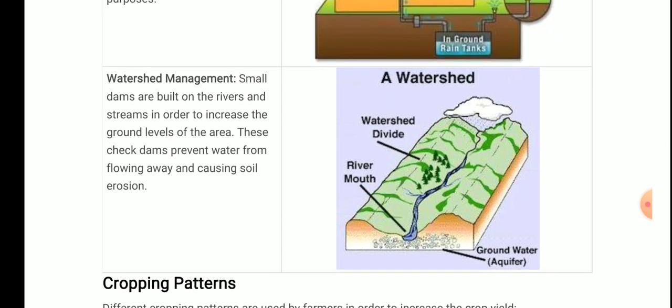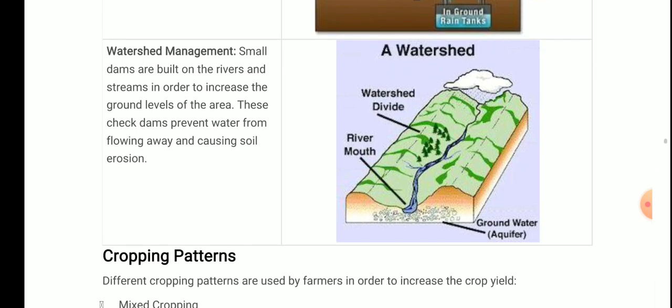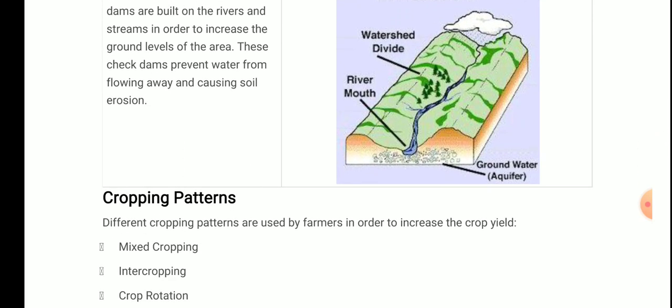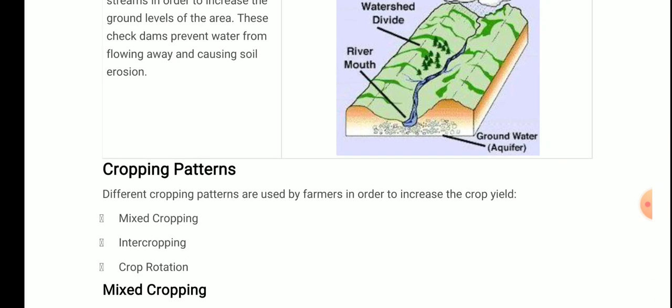Next topic is cropping patterns. Different cropping patterns are used by farmers in order to increase the crop yield: mixed cropping, intercropping, and crop rotation. Let's start with mixed cropping.